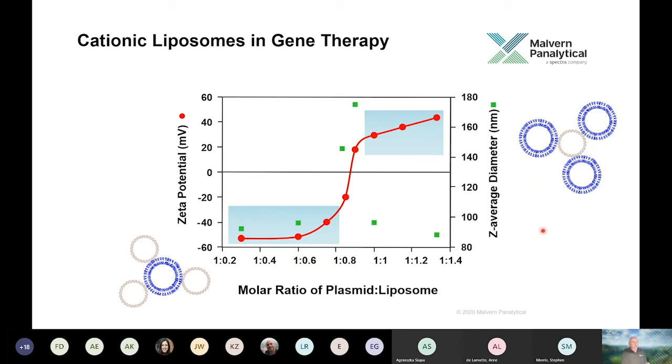I mean, most applications, I guess, are looking for a slightly, well, certainly we were, to bind onto the surface of the mammalian cells we were interested in. We were trying to transfect cancer cells because the cells themselves are negatively charged. So the complex ideally needs to be slightly positive.